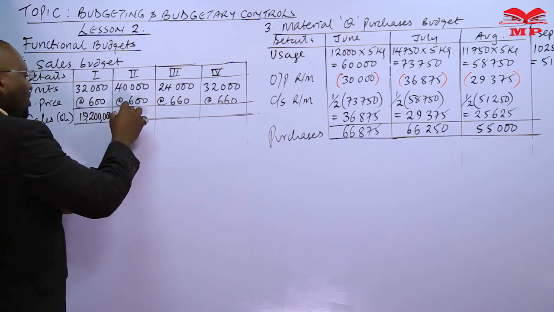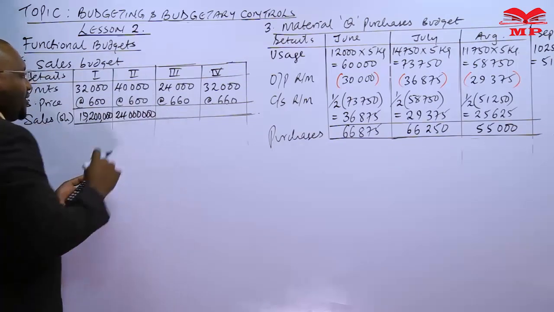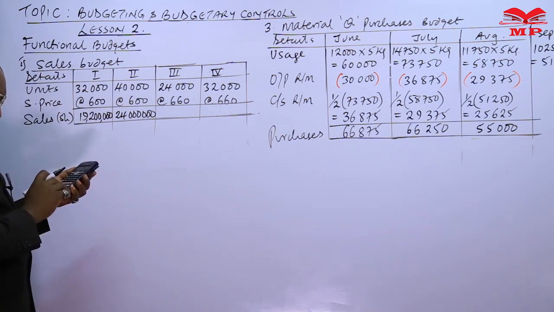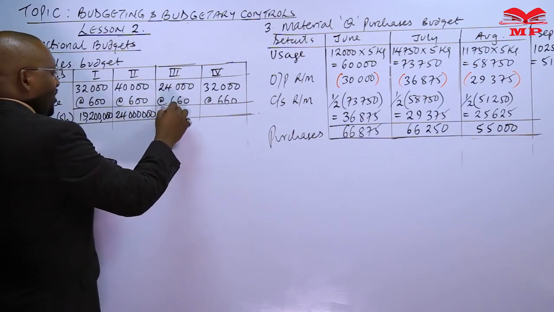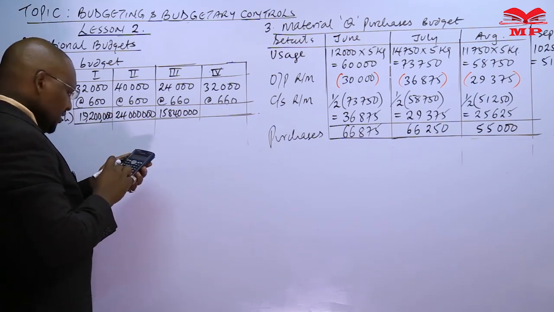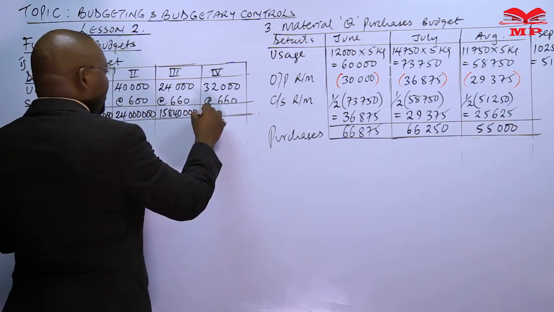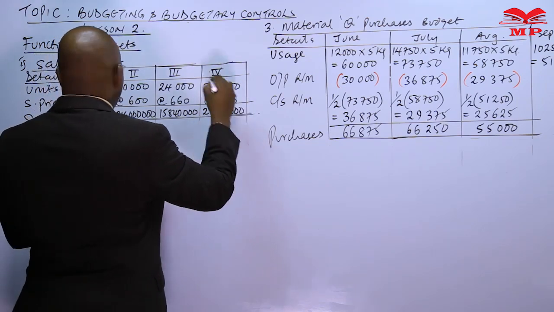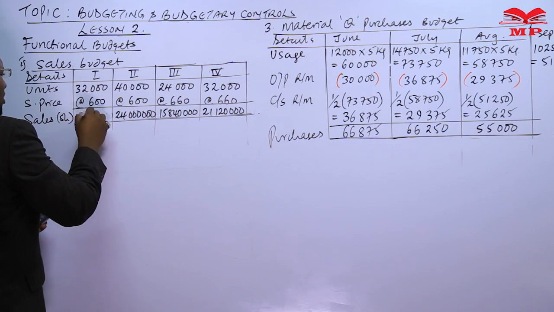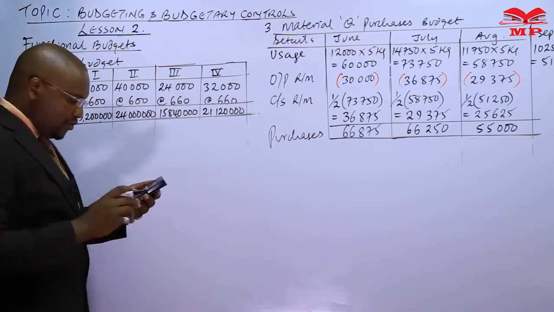This is 24 million flat. 24,000 times 660 is 15,840,000. That's 2,000 times 660, which is 1,320,000. That's what you have. So this is 90,200,000. That's all about the sales budget.